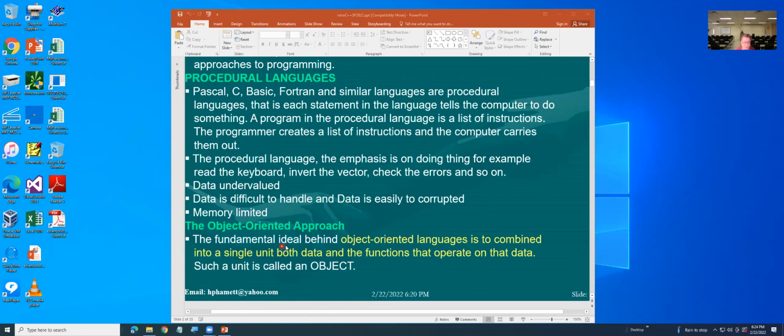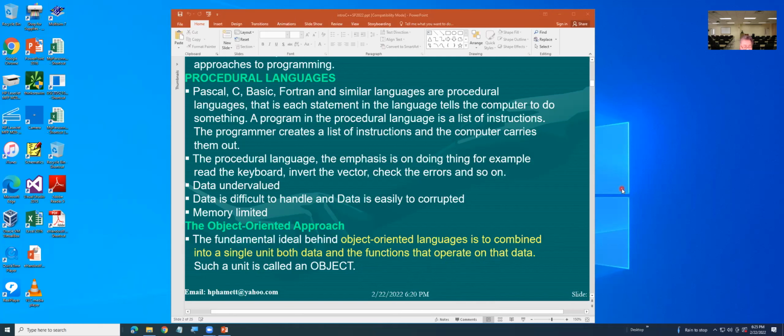The fundamental idea behind object-oriented languages is that they combine into a single unit both data and the functions that operate on that data. Now, try to say what is the data and what is the function. I've given you a very simple example.